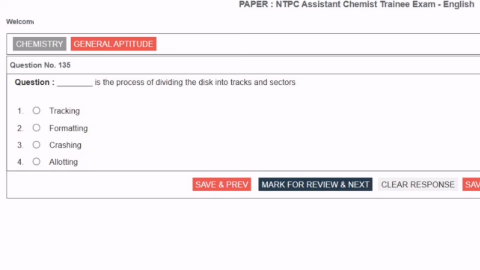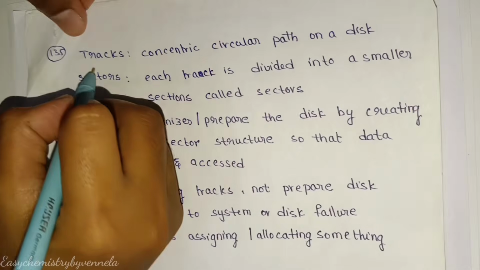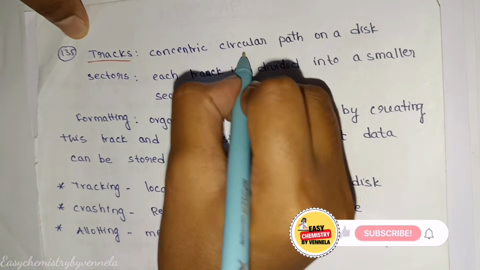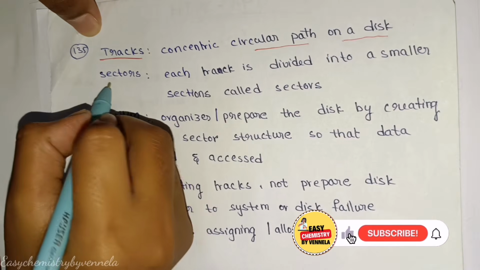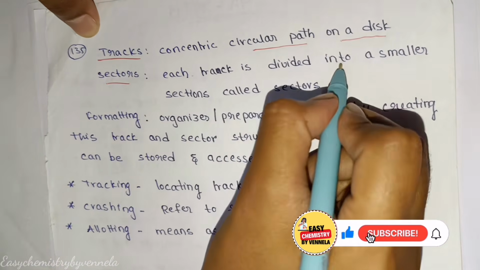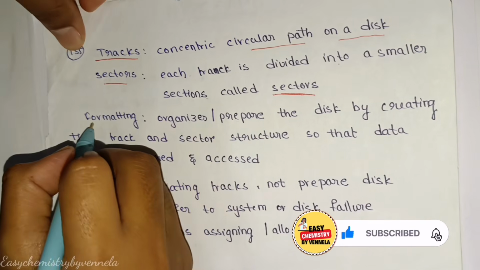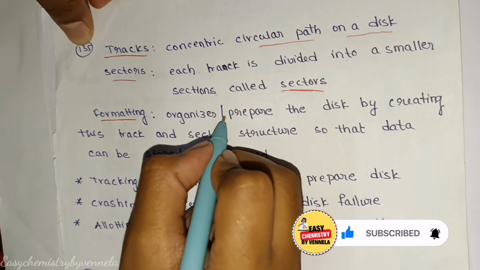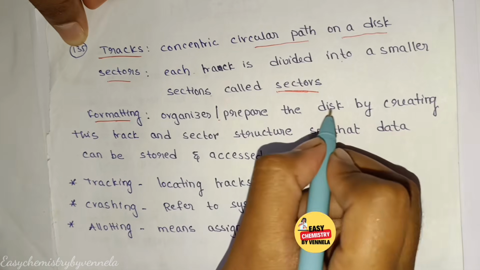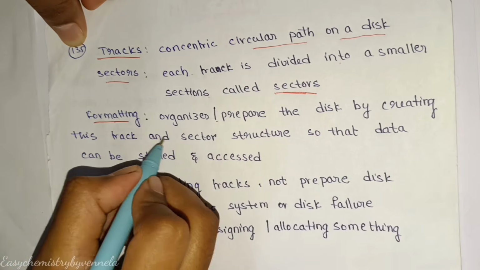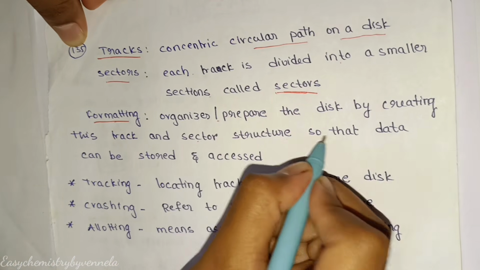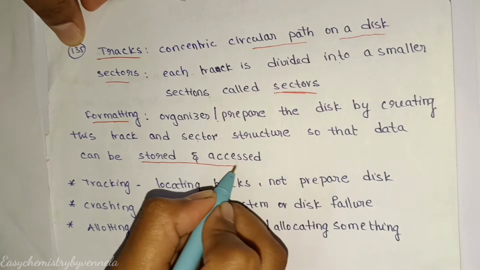Next question. Dash is the process of dividing the disk into tracks and sectors. Tracking, formatting, crashing, allotting. First, tracks are concentric circular paths on a disk. Sectors: each track is divided into smaller sections called sectors. Then finally formatting. It organizes or prepares the disk by creating this track and sector structure so that data can be stored and accessed.